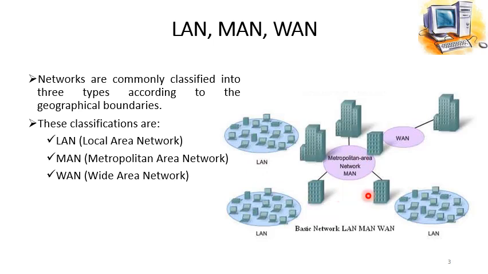Here in this diagram we can see that a LAN exists or is established in a small area like our homes, offices or any single building, and when multiple LANs are connected with each other and combined into a single network, that network is called a metropolitan area network.